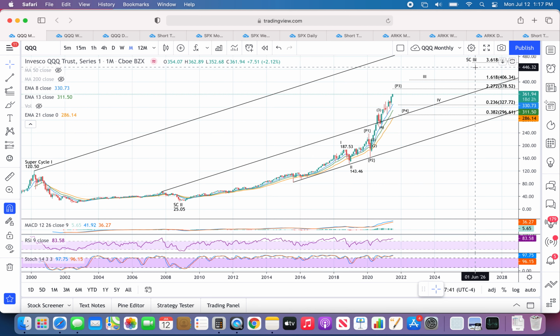Now, I left this in non-log scale for a reason, to show you the near parabolic upward movement of where we've seen tech companies go really here over the last 5 years. And so that makes sense that this count should be threes within threes under Elliott wave theory.